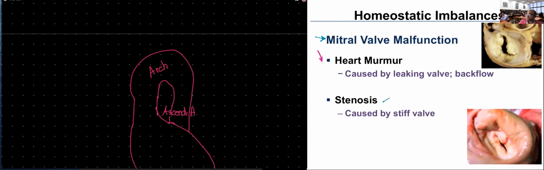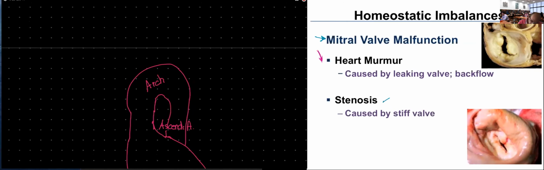Three branches coming out from the aortic arch: brachiocephalic trunk, left common carotid artery, and the artery that travels below the clavicle, so we call it the subclavian. On the left, it's going to be my left subclavian artery. This is my left common carotid artery.